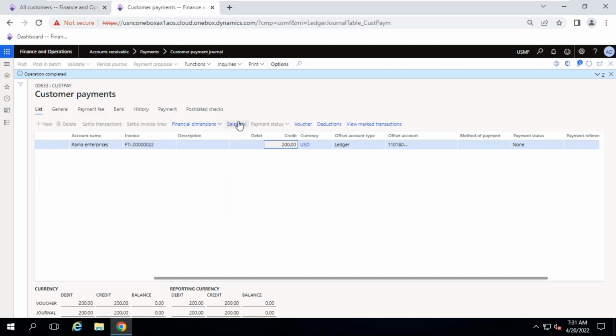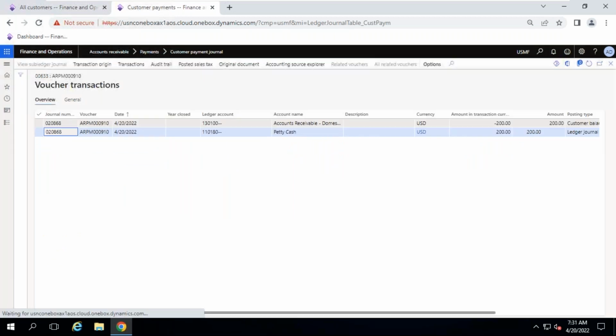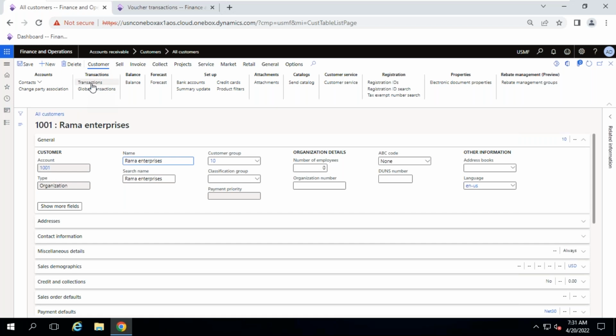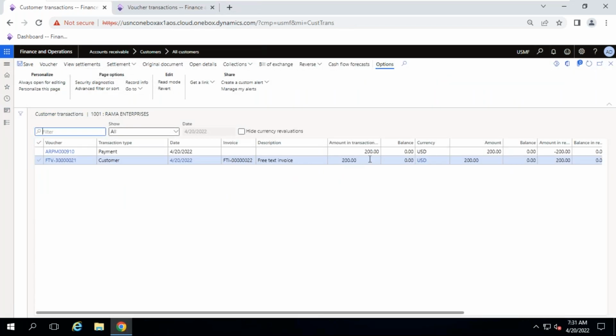Now if you verify the voucher, the cash account is debit and the customer account is credit. Now if you go to the customer transactions, earlier it was debited at the time of the customer invoice, and at the time of customer payment it is credited. So the net amount is 0.